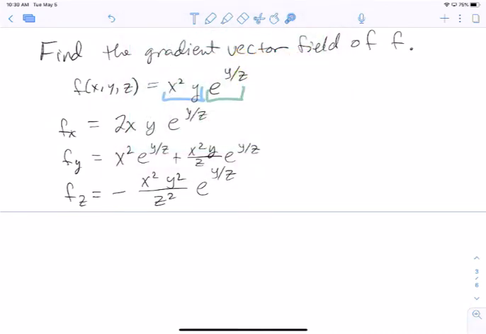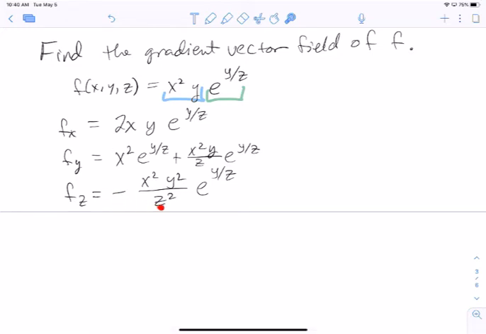And so we have u prime is x squared e to the y over z, that's u prime v, plus u v prime. v prime with respect to y is going to put a denominator of z into our term. And so we have x squared y over z times e to the y over z. And then finally, the partial with respect to z is equal to negative x squared y squared over z squared e to the y over z.